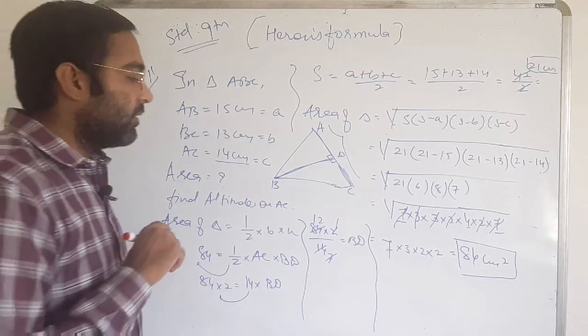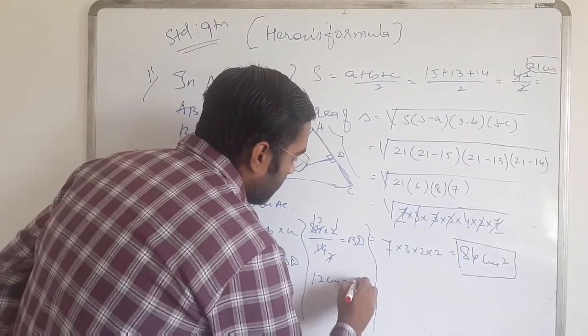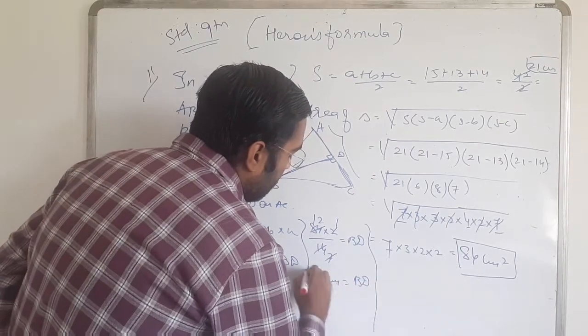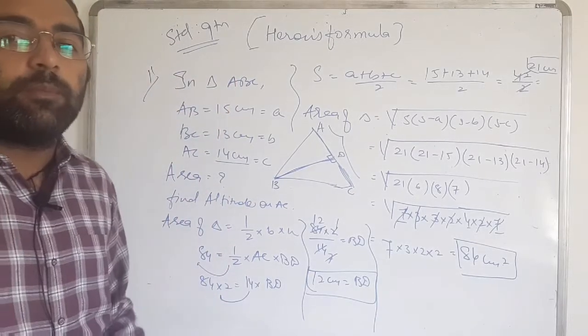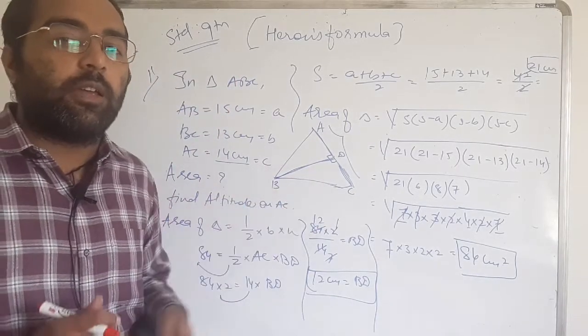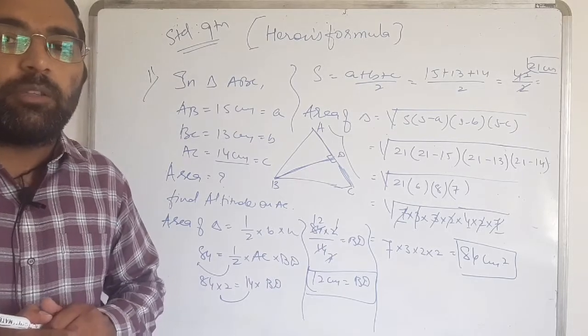So my answer is 12 centimeter. BD, that is the altitude of the triangle, is 12 centimeter, which forms on the side AC. Clear? Please note this down fast.